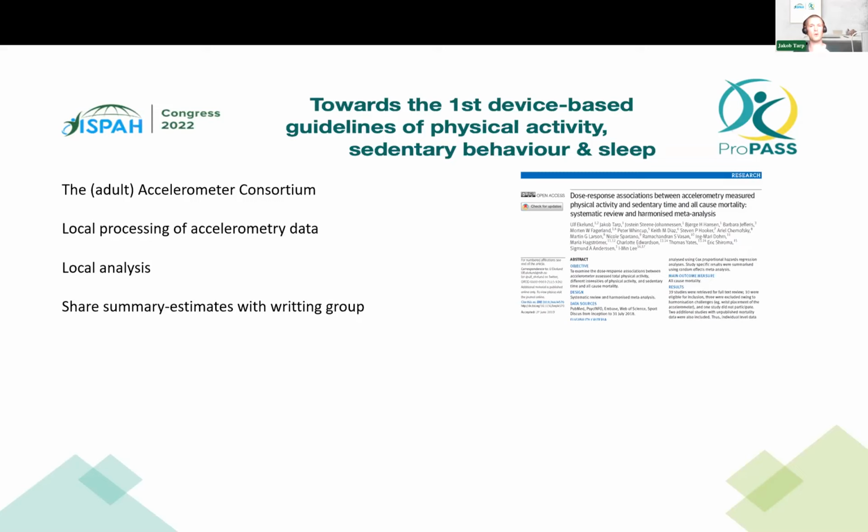And also contributors performed the analysis locally based on study-specific covariates and also study-specific quartiles of physical activity, and then shared their summary estimates with the writing group for pooling in a conventional meta-analysis.